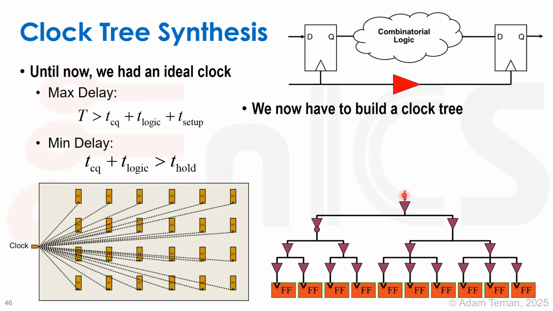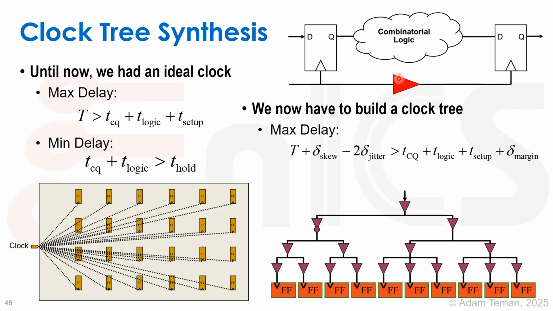So that same clock that goes in is not just going to ideally go with zero delay to all the flip-flops, but actually is going to have to go through some clock tree, or some sort of a structure that's going to provide the actual clock to the flip-flops with some sort of an insertion delay. And it's going to cause skew between our launch flip-flop and our capture flip-flop, which I show here with this little red buffer, which is signifying some skew.